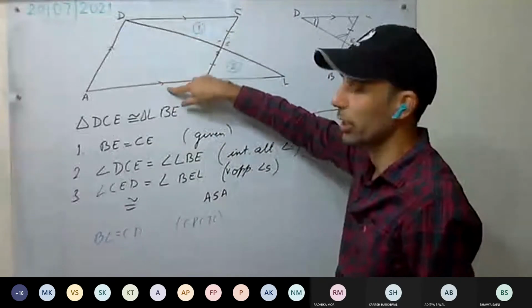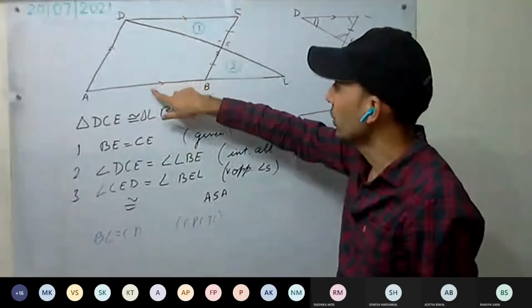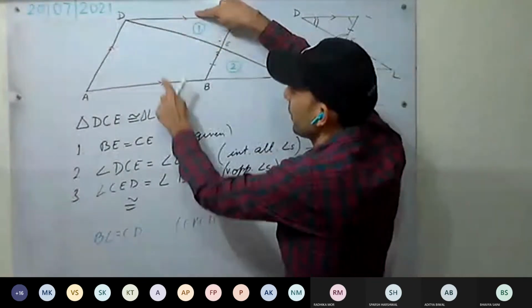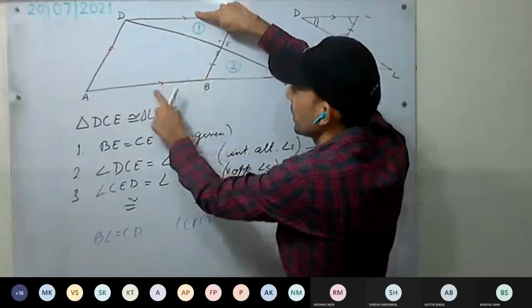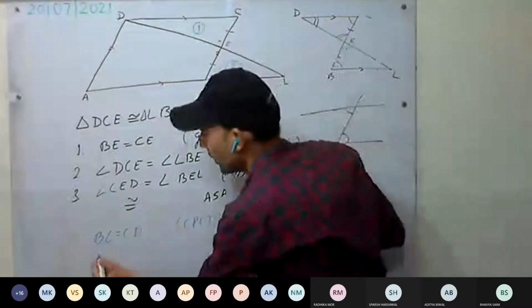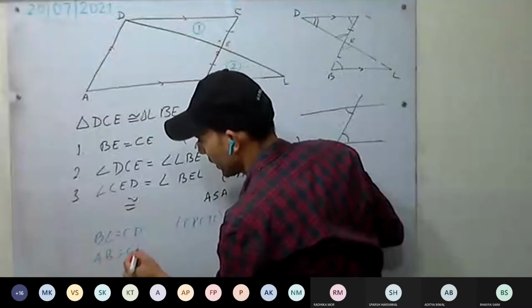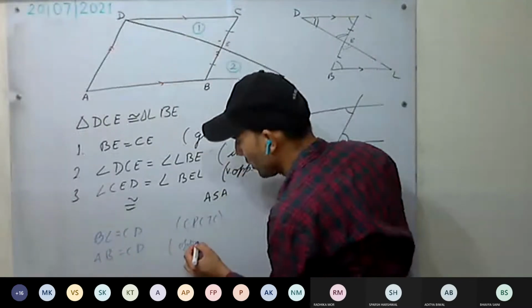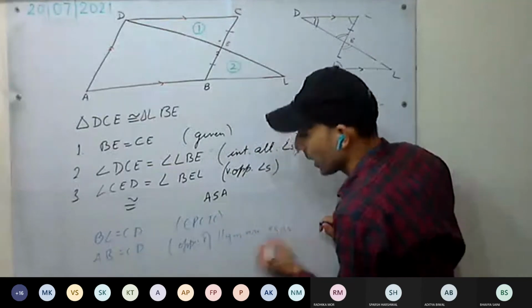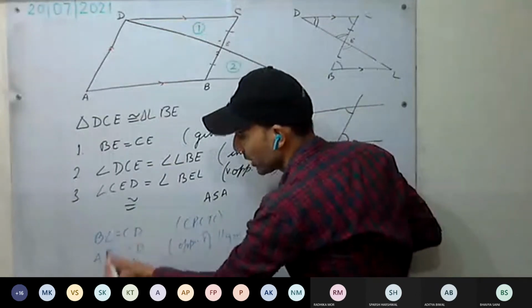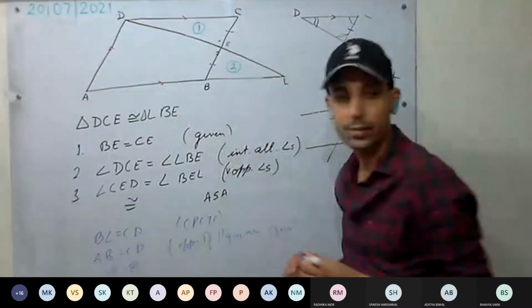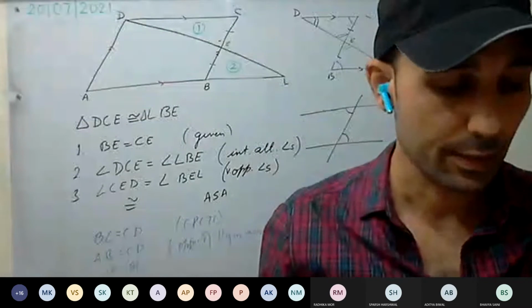It means AB is also equal to BL. Understood? AB equal to BL.